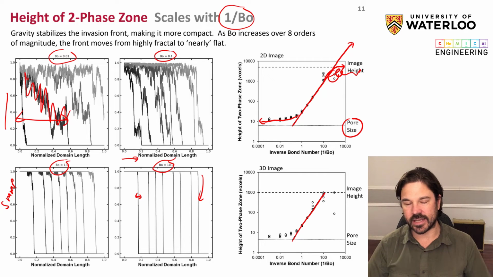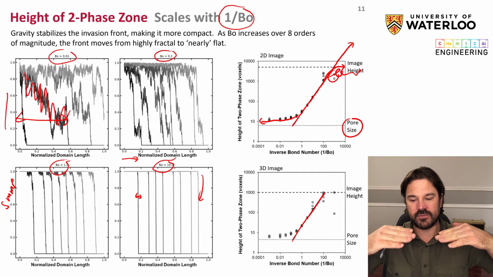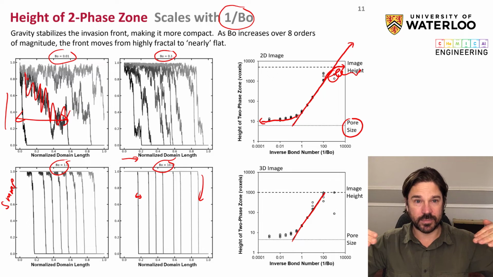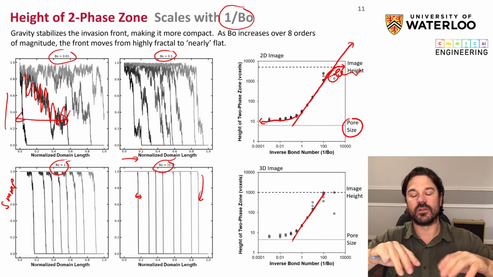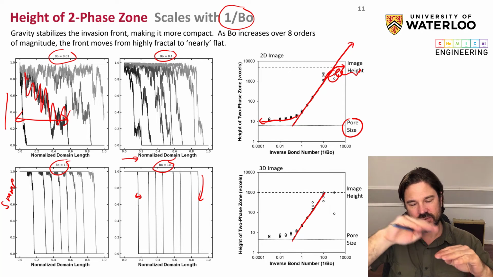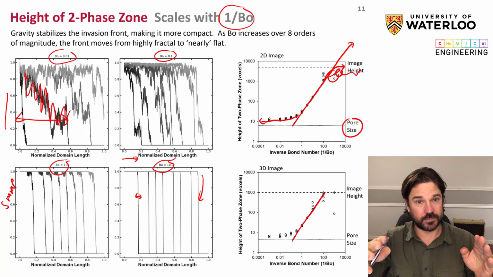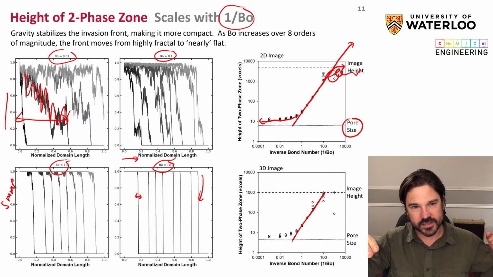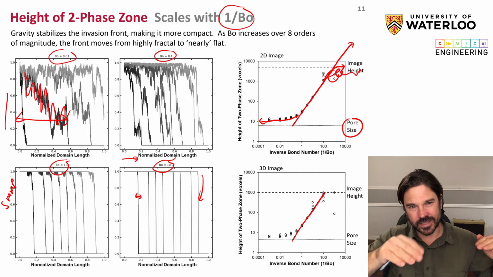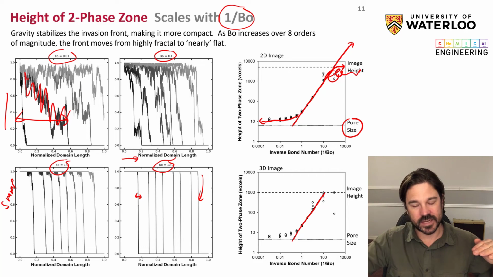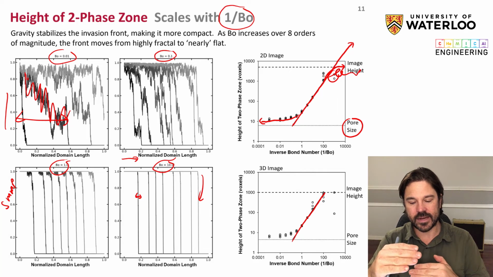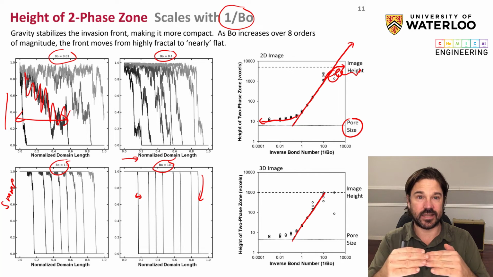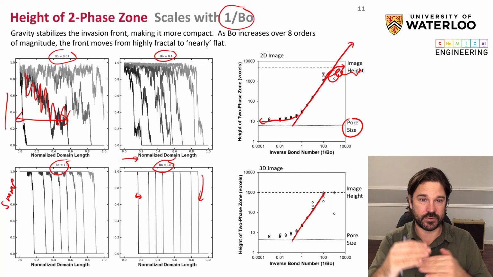Even though the invasion front is essentially as flat as can be, the way that we're invading the fluid is by putting spheres in. The spheres are spherical in shape, so they have an arc. The fringe of this flat invasion front is frilled with the arcs of the meniscus. So the height of the two-phase zone can never be less than the radius of those spheres.